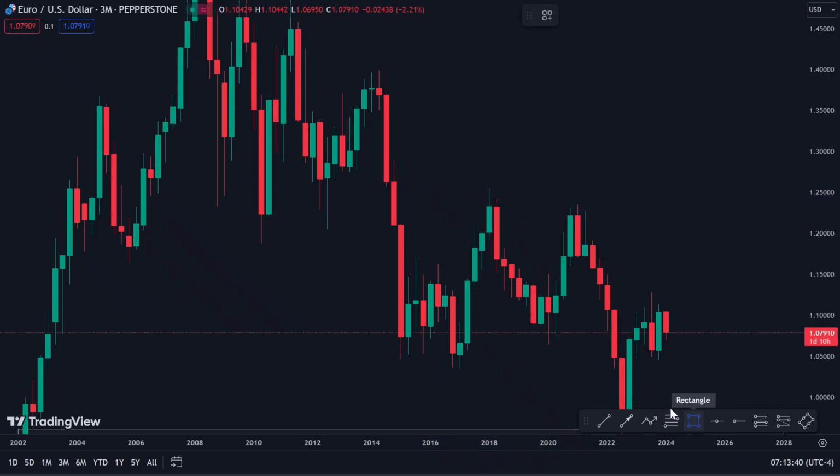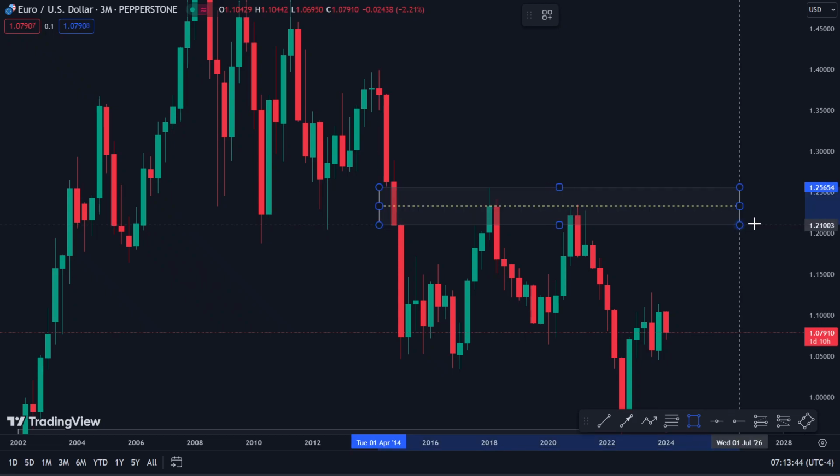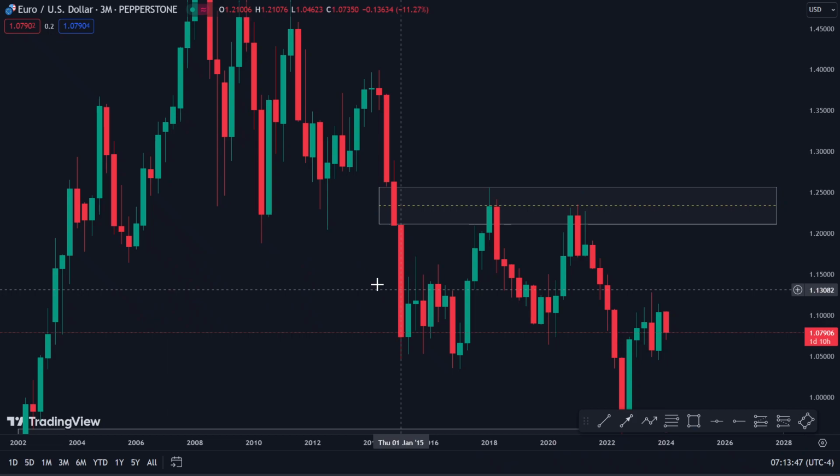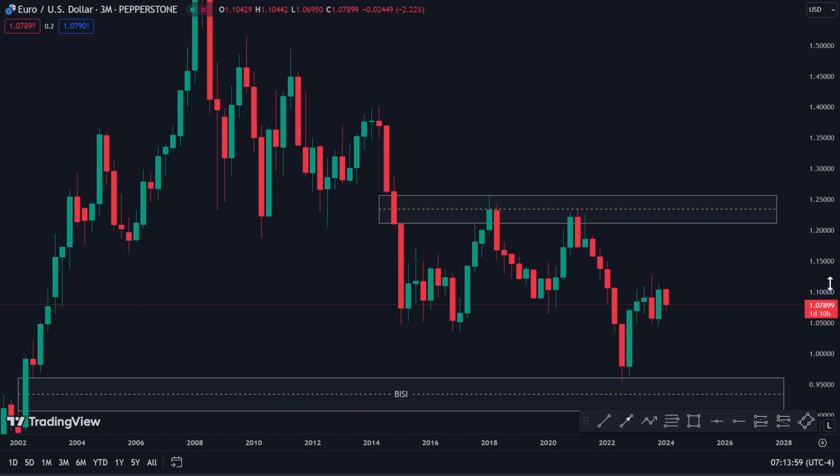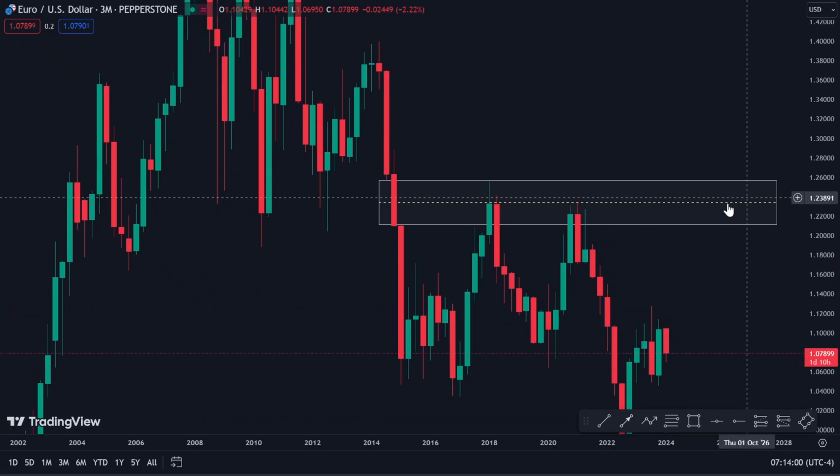Let's annotate it. This, friends, is our fair value gap. And when was it formed? The fair value gap was formed on Wednesday, 1st October 2014. There's one thing I forgot to mention. I know some of you are wondering why I have 3 lines.